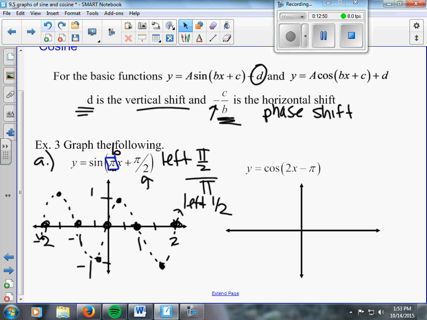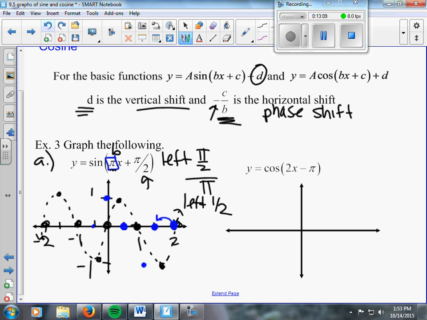So this point right here at 2, 0 will move left a half, and it will be at 1 1/2, 0. And then the other 0 here that was at 1 will adjust to a half left. All right, so I'm going to move all of my values left a half.